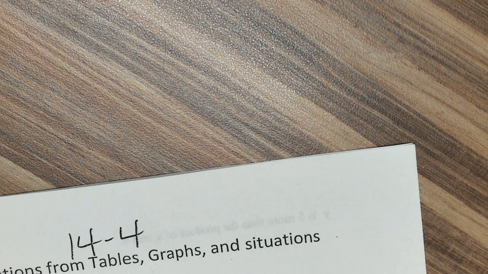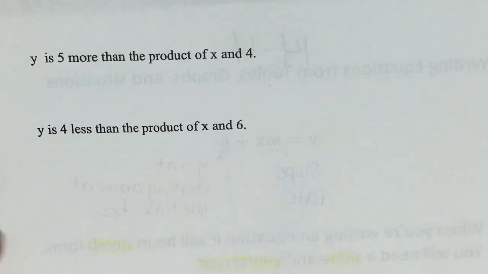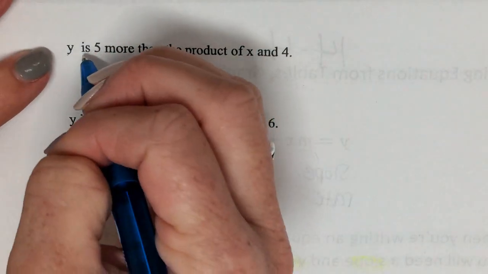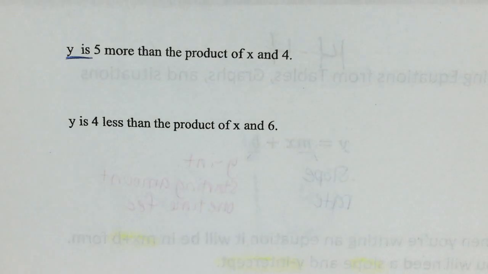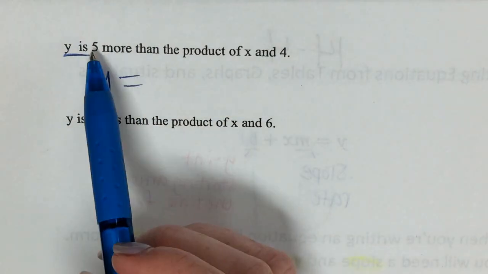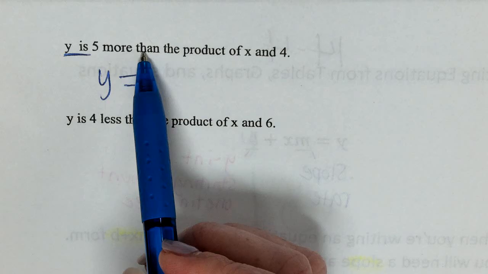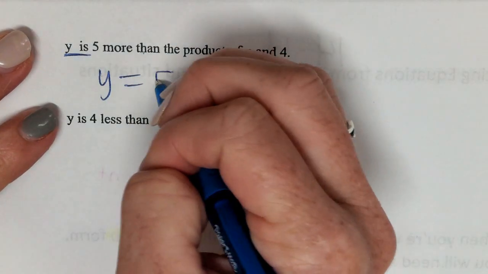Okay, flip to the back. What if it asked you to write an equation from a sentence? So let's remember how to do this. How would I write y is? Y equals, write that down. 5 more than. 5 plus.